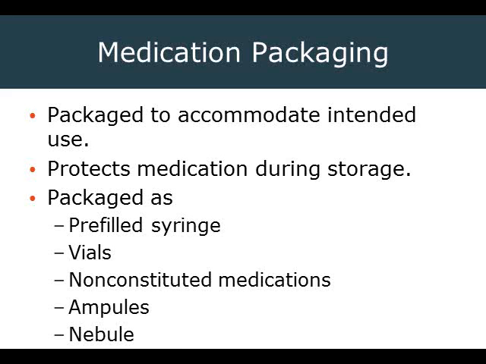Non-constituted would be your glucagon. Ampules, probably your epinephrine, potentially your naloxone. And then nebules, which are basically little plastic packages that your albuterol is most likely going to come in. Of course, you have your standard bottles of pills of aspirin, and then the gas of nitrous oxide and oxygen, and then any over-the-counter drugs you may have, so on and so forth.